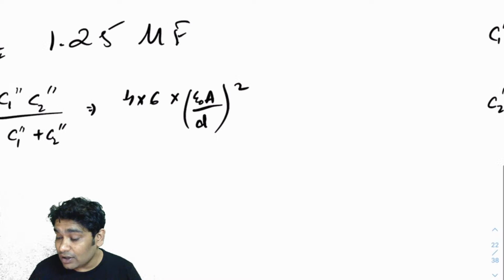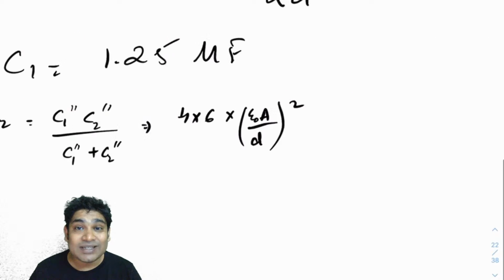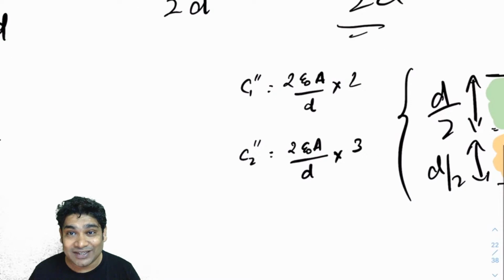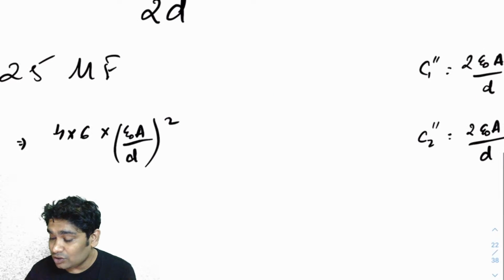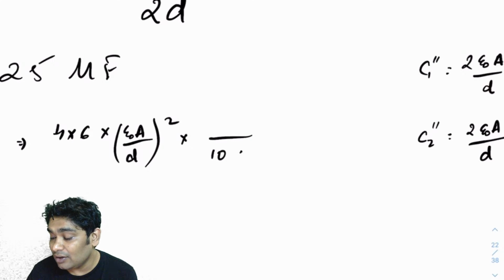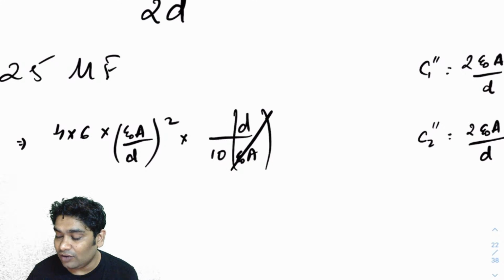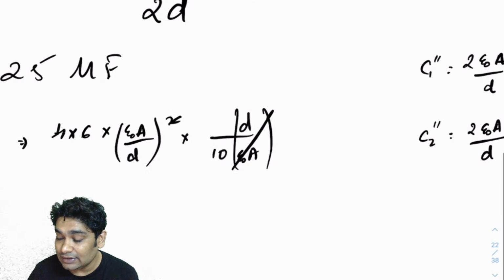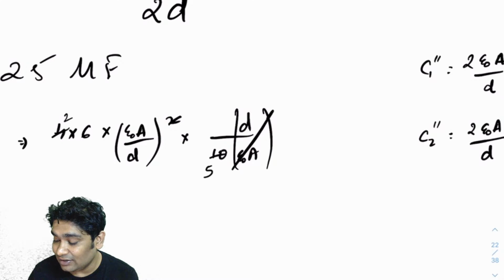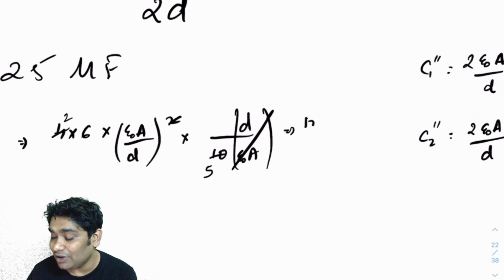Next, what I do is I divide it by C1 dash plus C2 dash. So what is C1 dash plus C2 dash? That is 4 plus 6, that is 10. So divided by 10 epsilon naught A over d. So you realize one of this would get cancelled with this. So what am I getting? I'm getting 12 by 5 epsilon naught A over d.